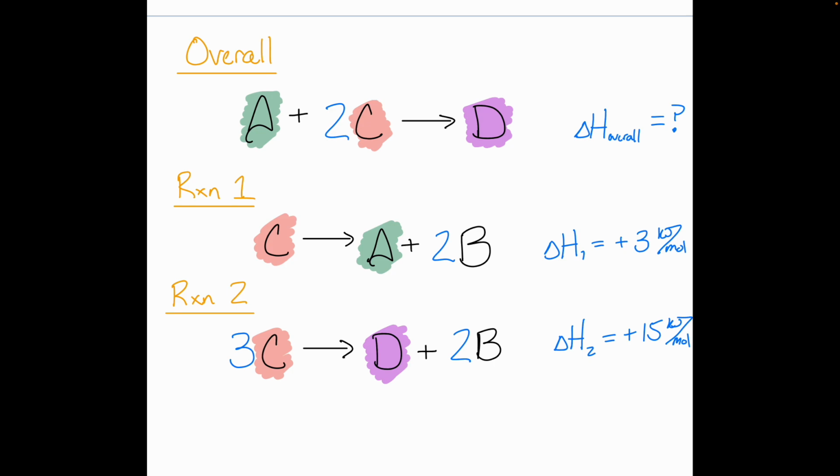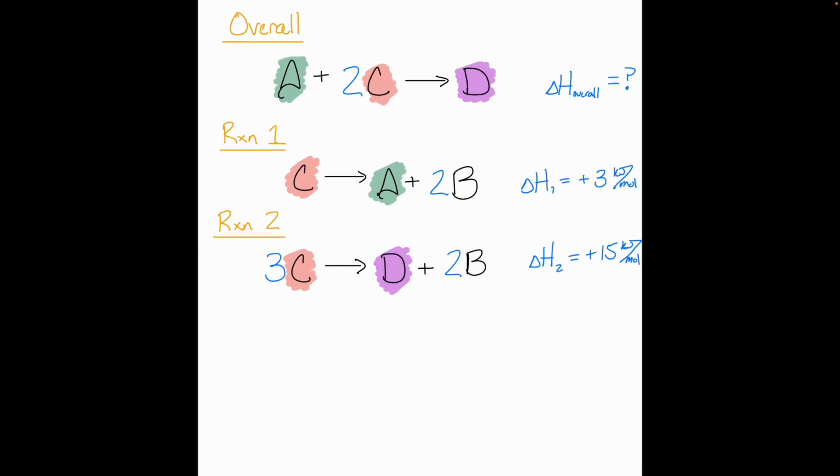So I know in reaction 1, I have to flip it. Those C's will be on my product side, but maybe that will take care of itself when I add my other chemical equation. But for A, there's no other option. I have to put A on the reactant side because it's on the reactant side in my overall chemical equation.